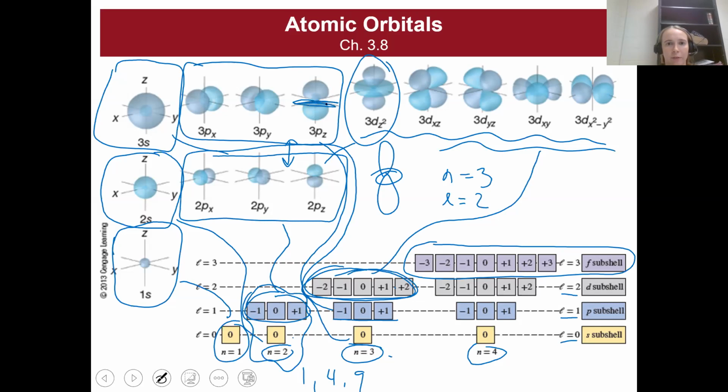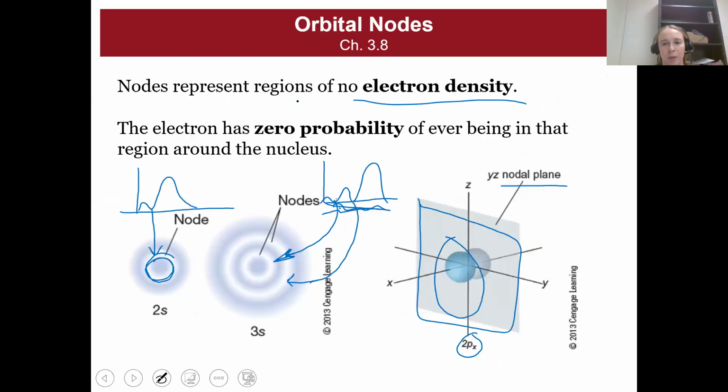Chops it right in half. There's a 0 probability of the electron being in that region. So we have nodes on our s orbitals and our p orbitals. There are nodes for the d and f orbitals too. Just remember that a node is a region of no electron density. There's 0 probability of an electron being there.